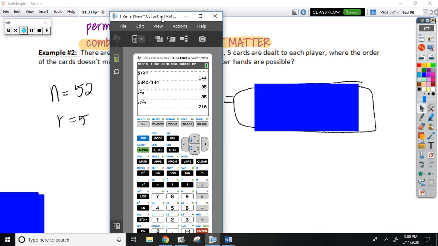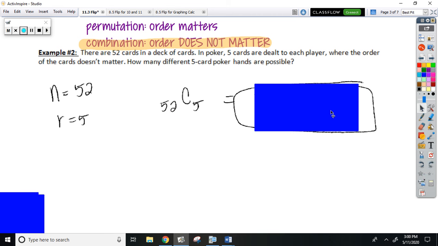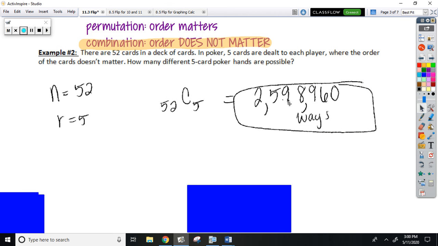Pressing 52 first, then our math button, all the way over to probability, option 3 for combination, and we should get this number: 2,598,960 ways to deal a 5-card poker hand.